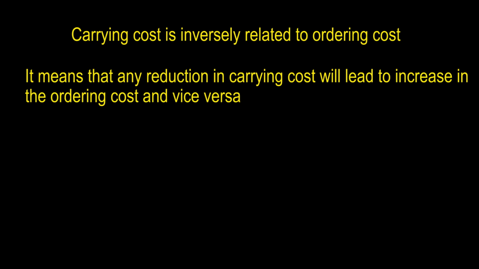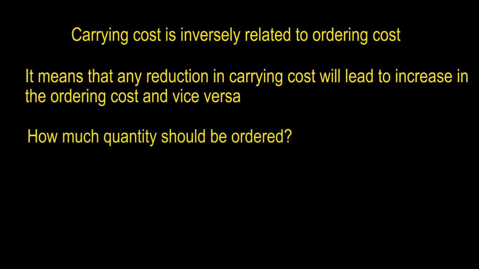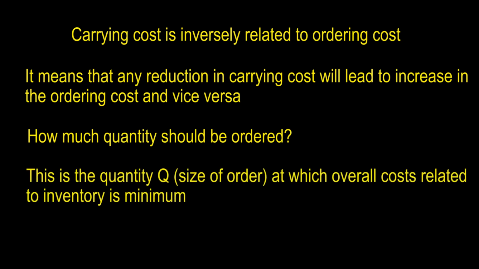Now, since the relationship is inversely proportional, the question is whether you should place a large quantity or a small quantity order. With a small quantity your ordering cost will be higher, and with a large quantity your carrying cost will be higher.